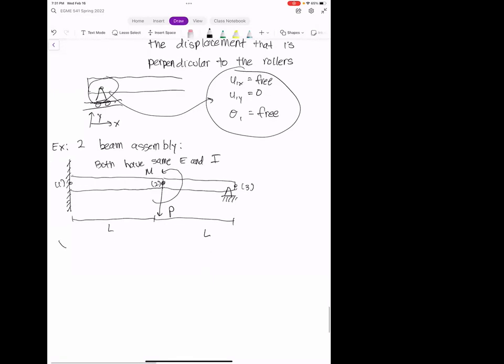All right, and so in this case, we're going to assume that the elements are purely beams. In other words, we're going to assume that there's going to be no axial displacement.